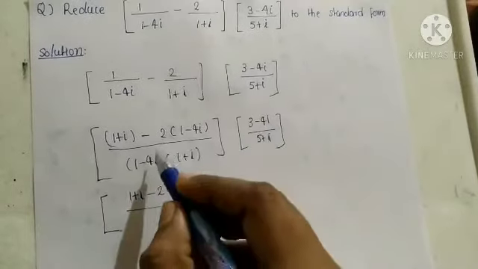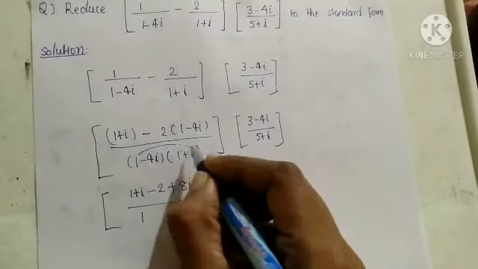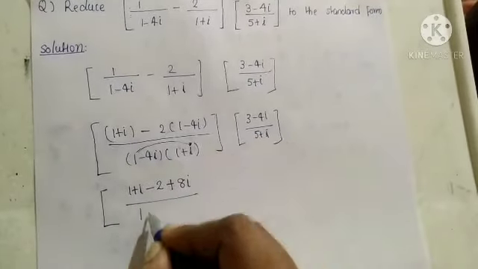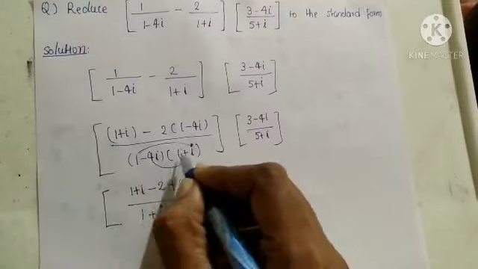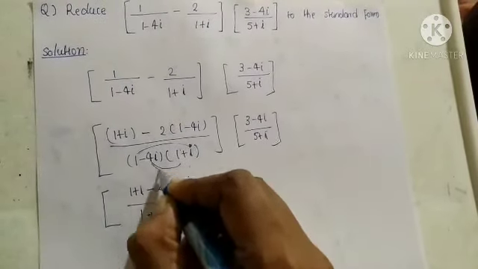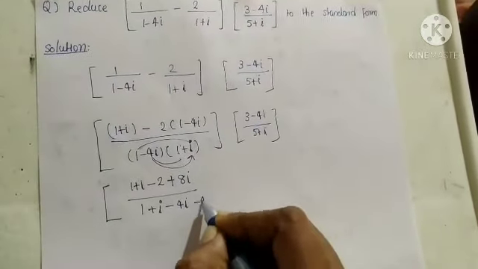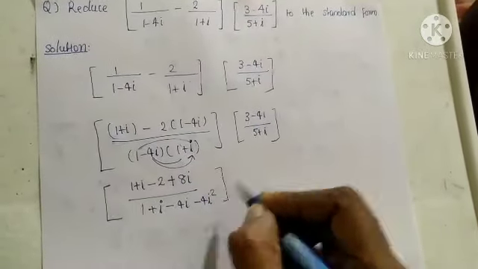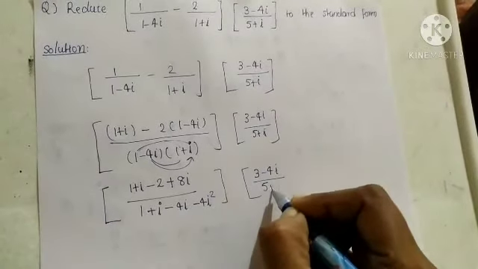So here it becomes 1 into 1, plus 1 into i, plus i minus 4i into 1 minus 4i, and minus 4i into i will become minus 4i square. So this term remains the same.